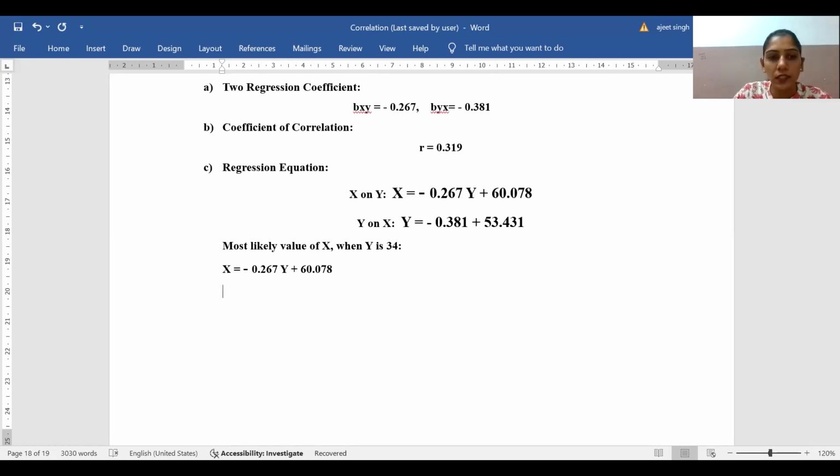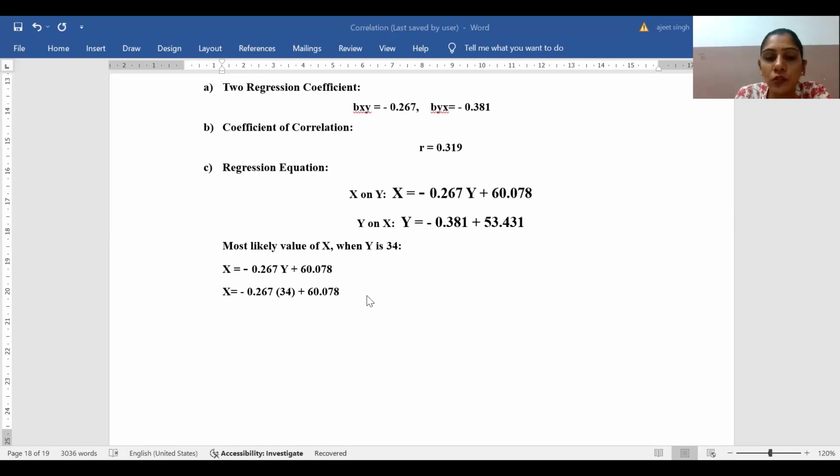So x is equal to minus 0.267 multiplied by 34, and then plus 60.078. Let's first multiply 0.267 with 34.